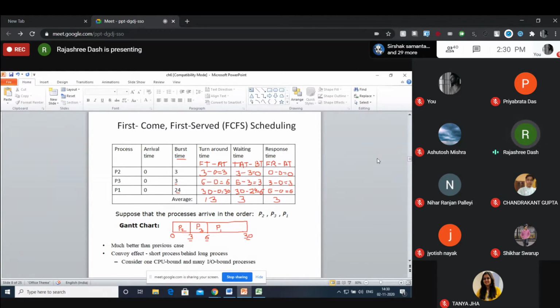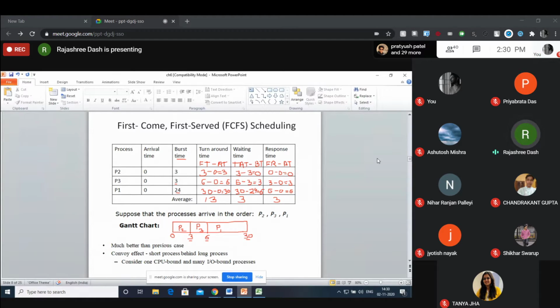In the first case, as P1 started its execution first, the smaller processes have to wait for the longer one. Due to that, the turnaround time, waiting time and response time of those smaller processes, which have small CPU burst time, have to wait for a long time.